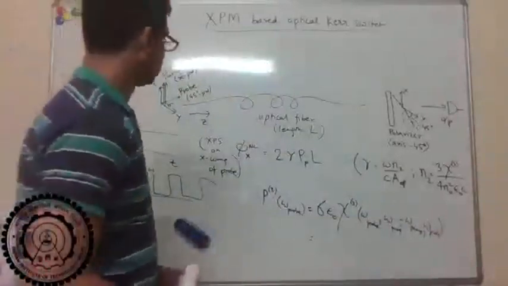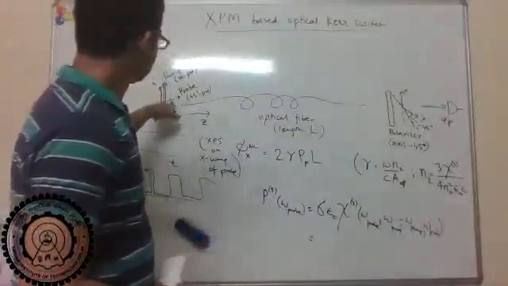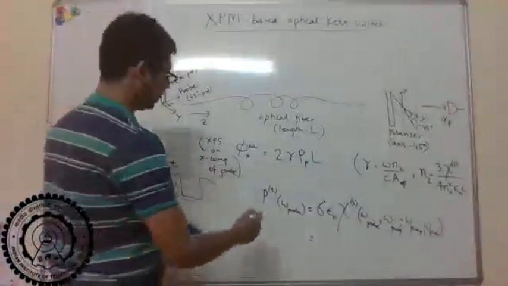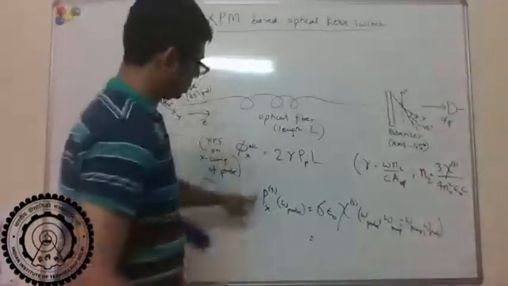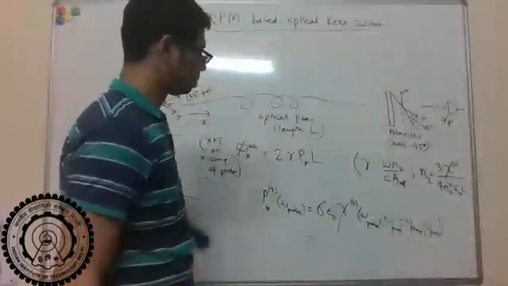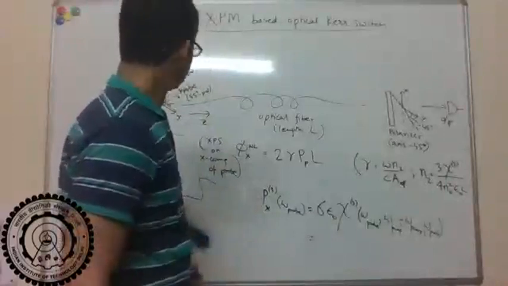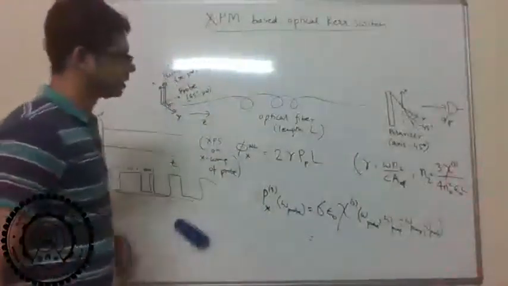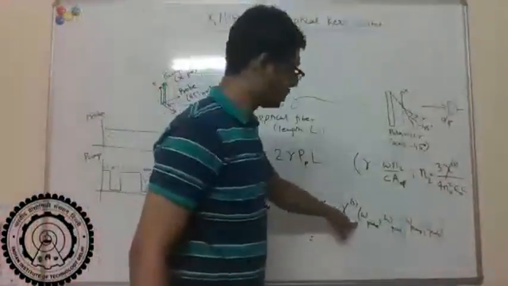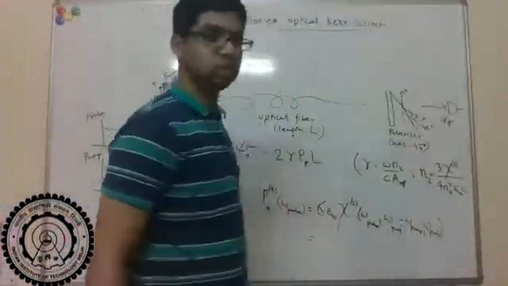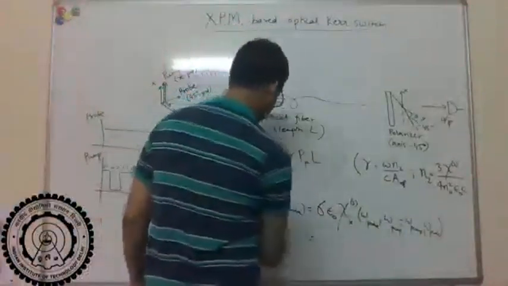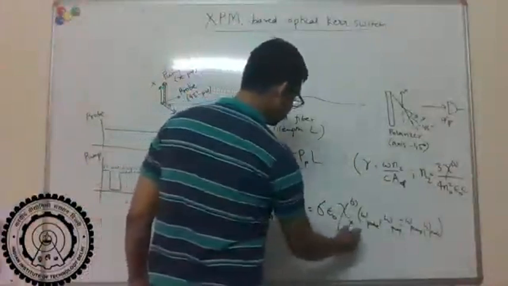Now I'm looking at the X polarization of the pump. So I want to see the polarization induced in the X direction. And my pump is also polarized in the X direction. So what will be the tensor elements here? Of course, the first index has to be this index, so that's X or 1, in the 1, 2, 3 notation.